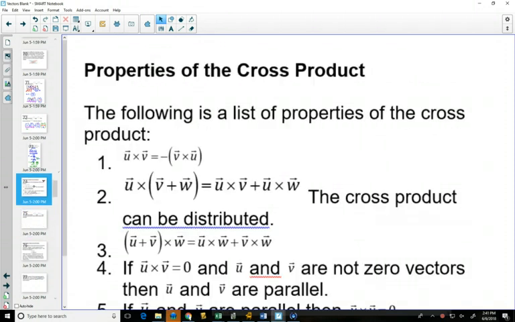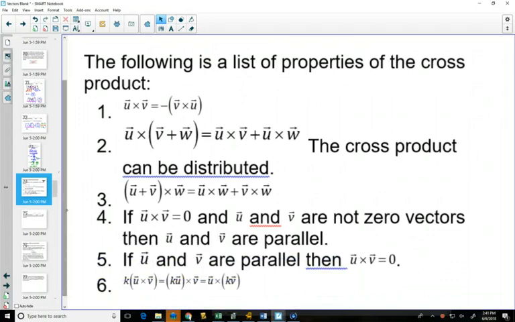Oh, we're on properties. So our properties, we've seen that the cross product in one direction is the negative of the cross product in the other direction, because one would be pointing upwards or outwards, and one would be pointed downwards or inwards. The cross product can be distributed, but we've seen how much work the cross product is, and we've seen how much work adding vectors is.